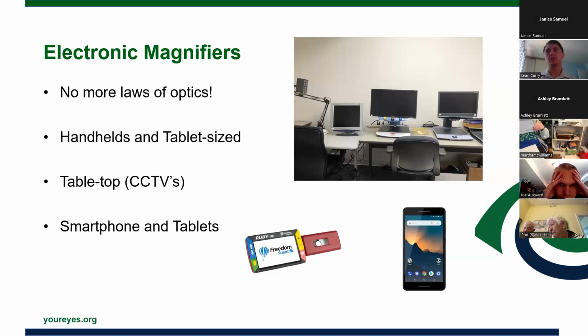Those are good, especially to hold you over while you're waiting for your low vision exam. They're not too cost prohibitive. You can get them for under $100 oftentimes. So it's still a good option. A little handheld magnifier is a great tool to have when you're out and about.